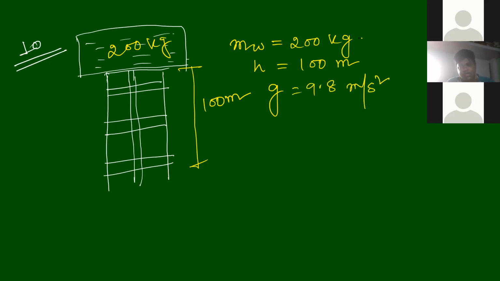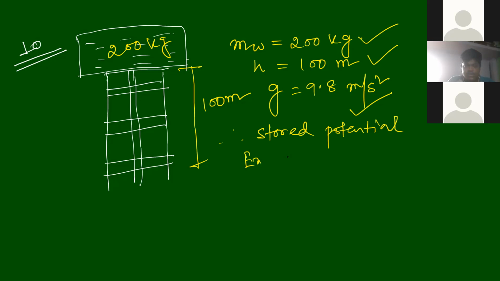So the mass of the water in the reservoir is given, the height is given, and the gravitational acceleration is given. So the stored potential energy, what's the formula?